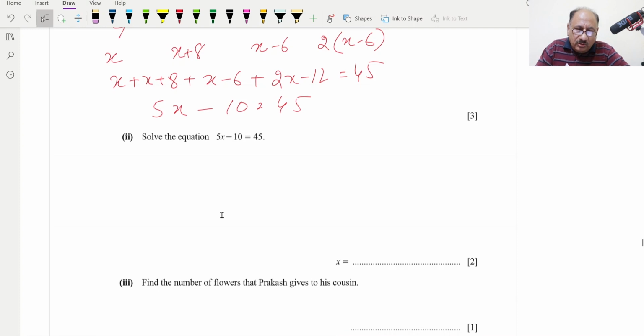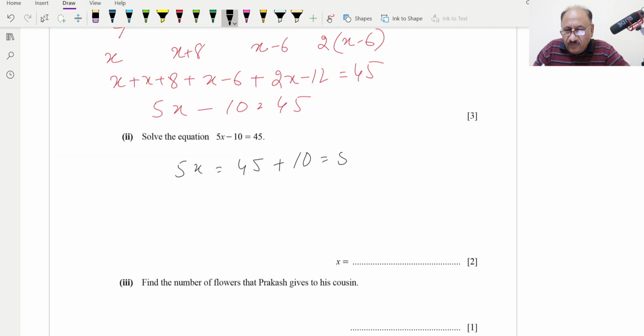Now we have to solve this equation. 5x is equal to 45 plus 10, which is equal to 55, and x is equal to 55 over 5 basically, and this will be equal to 11.